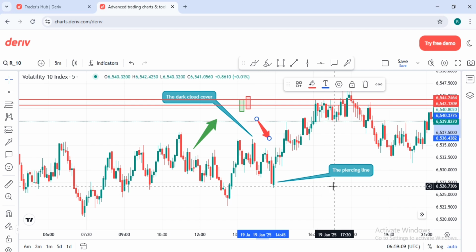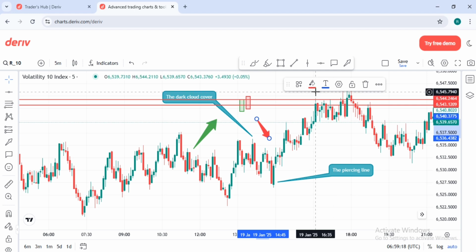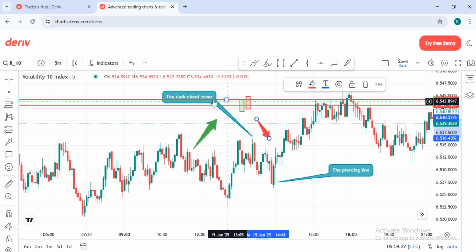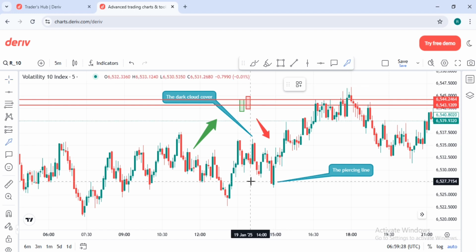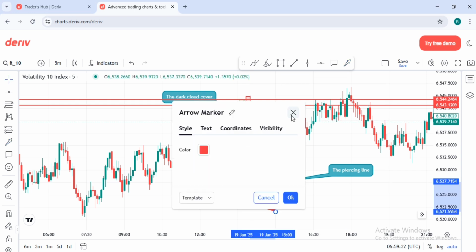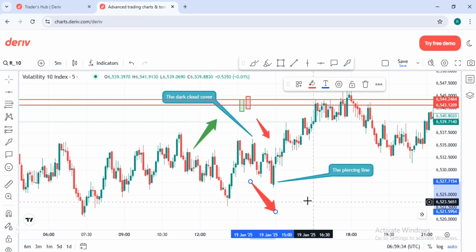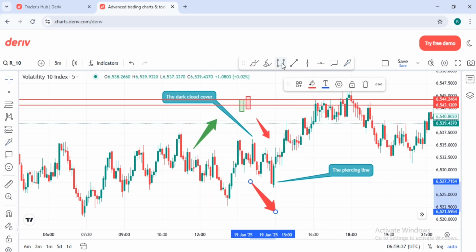Now let me first of all talk about the piercing line, and then I show you how to place trades and what to look at. So for the piercing line, it is the opposite of the dark cloud cover, so it has to form at the support area, in other words, after a downtrend. Then after a downtrend, what happens?